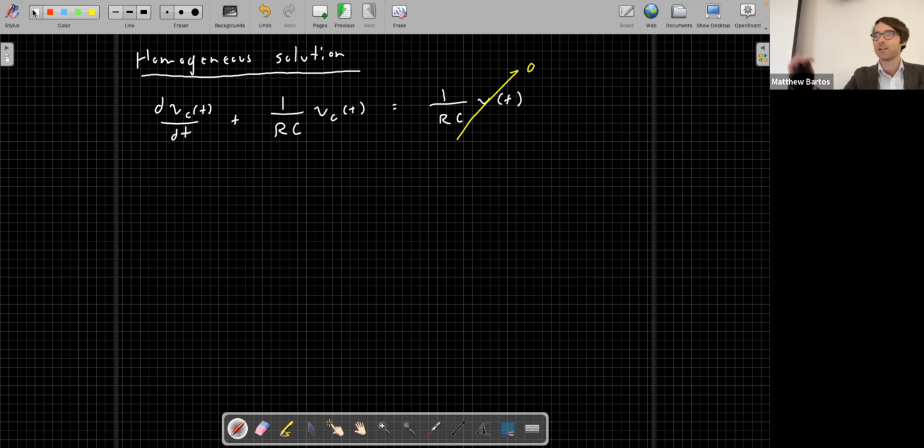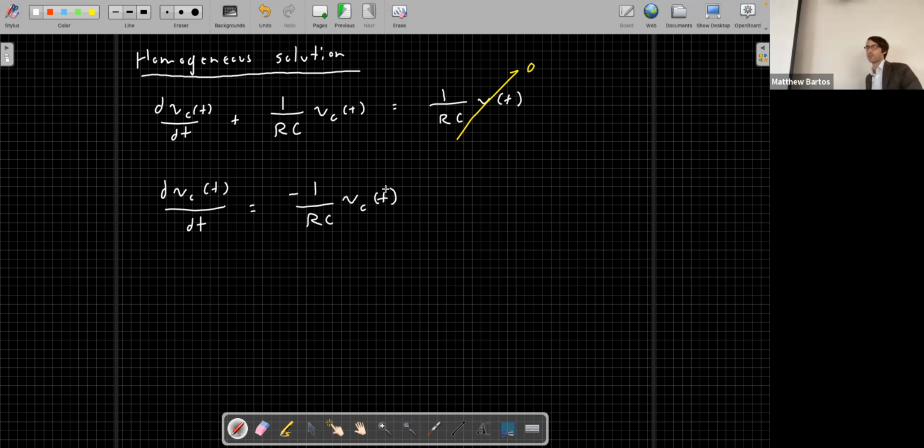As you mentioned, we can move this term over to the right-hand side. So we get dV_C/dt is equal to -1 over RC V_C(t). Now, how can we solve this?